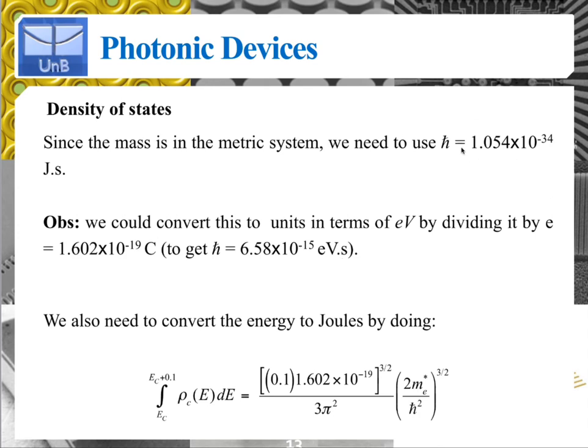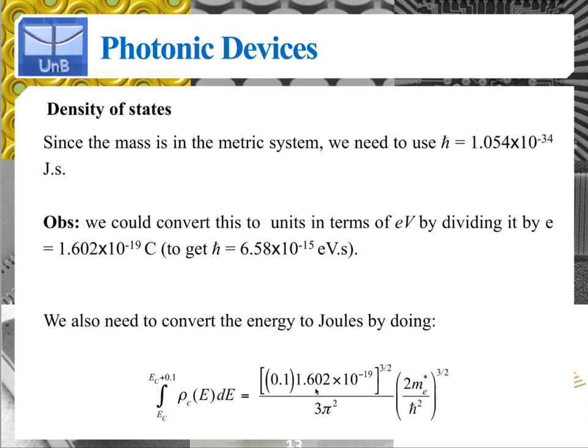Now, using this and substituting it here, as well as the effective mass we just mentioned, we can calculate the number of states. The only other thing that we need to be careful about is that since we're using all of the units in the metric system, we cannot use the energy in eV, so 0.1 would be given in electron volts.